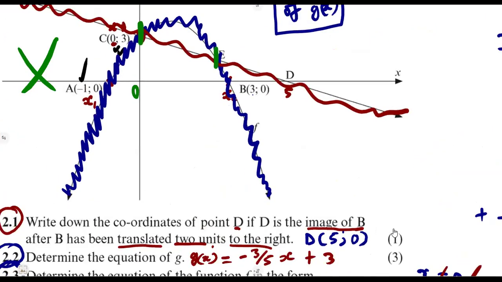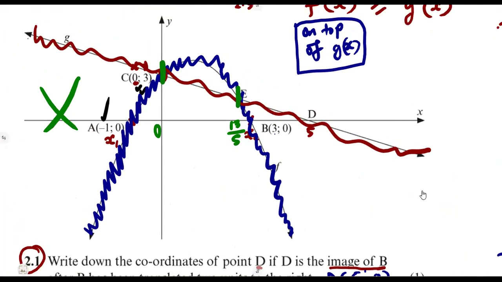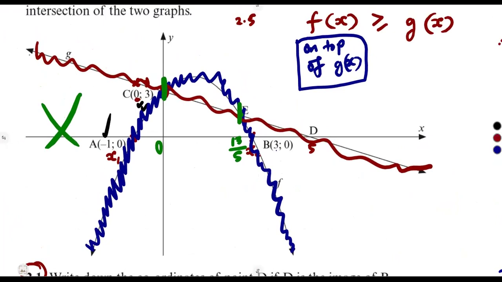We take the x value from the coordinate E that we calculated. It was 13/5. So if you check properly in between this interval from 0 to 13/5 in the x values, f of x is above. So this interval is correct.